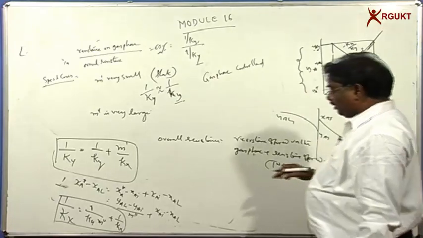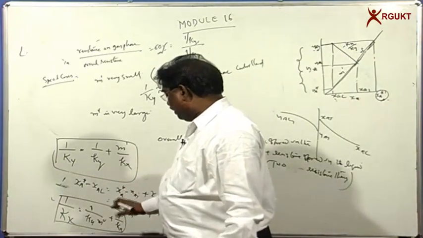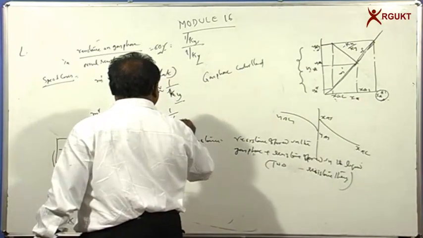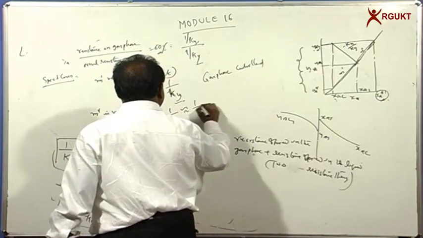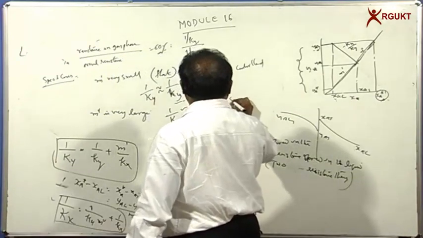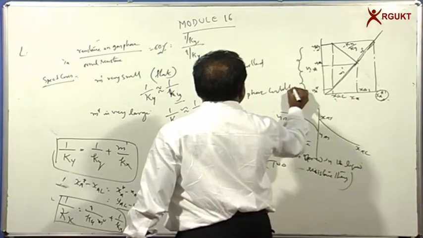If m prime is very large, 1 by ky into m prime is very small when compared with 1 by kx. So if that is the case, one can say capital Kx is approximately equal to 1 by small kx, and this is what we call liquid phase controlled.